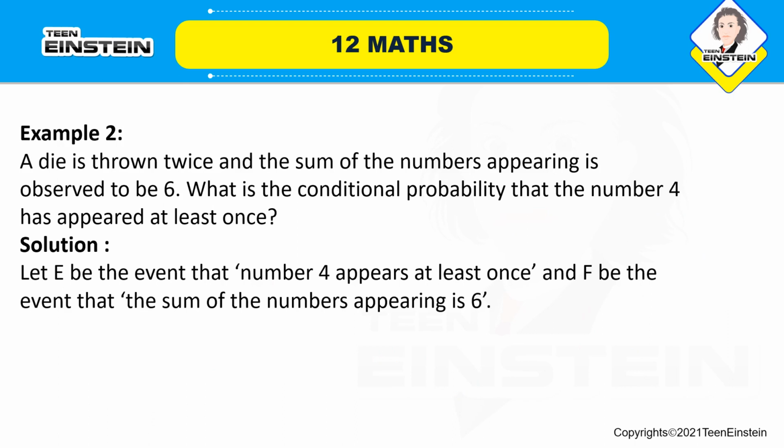Now I move on to the next problem. Example 2. A die is thrown twice, and the sum of numbers appearing is observed to be 6.